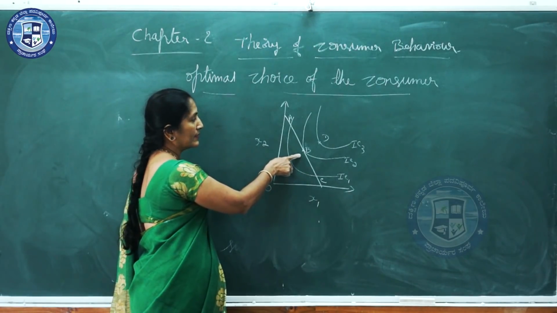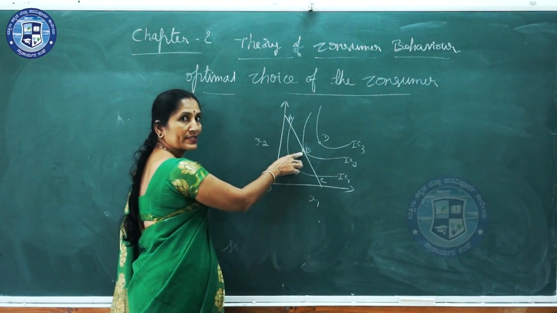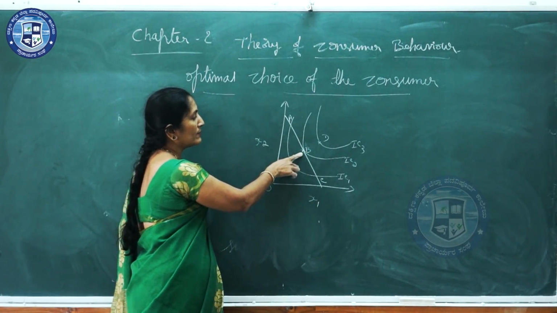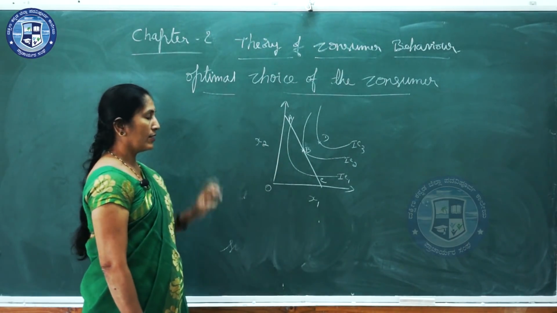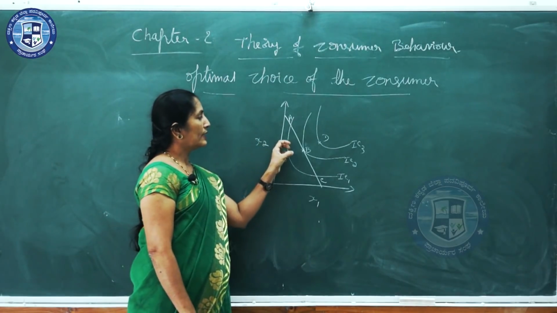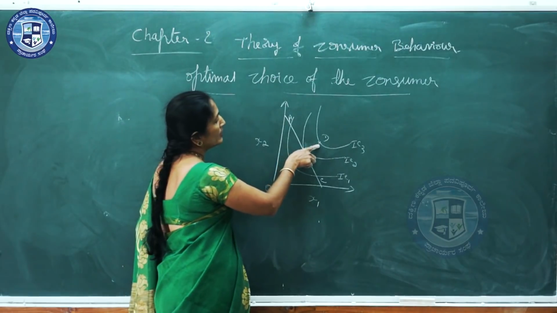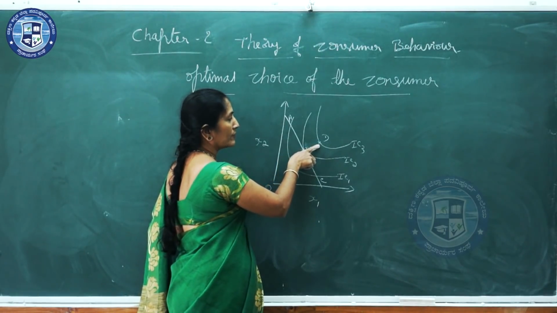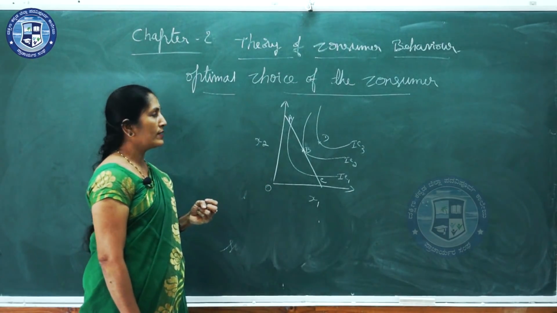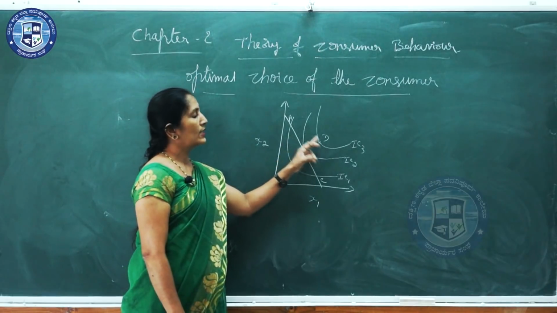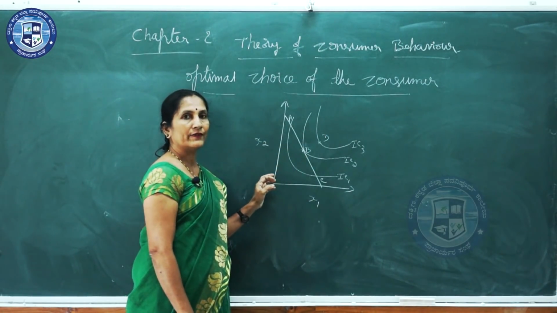The consumer chooses this combination, which is affordable to him, where the price of the commodities is equal to his income. The combination D is not affordable and not available to the consumer, so he does not choose it, even though it lies on a higher indifference curve.